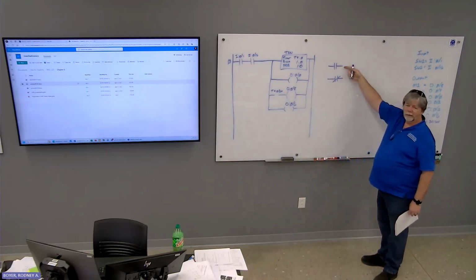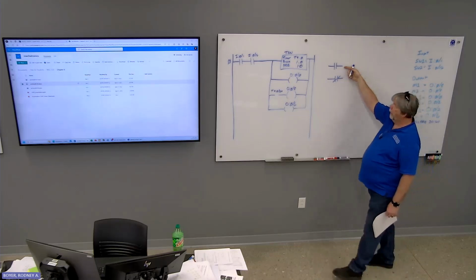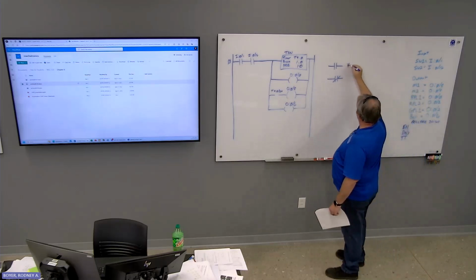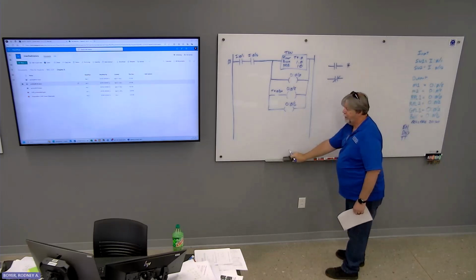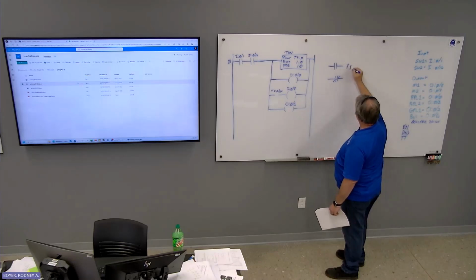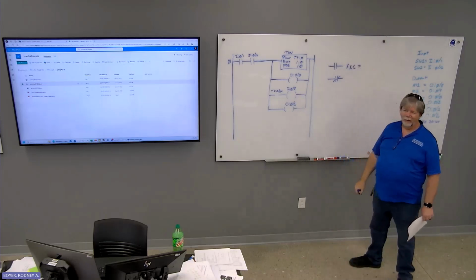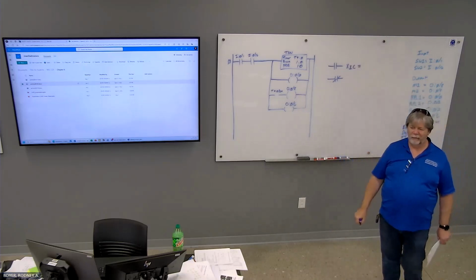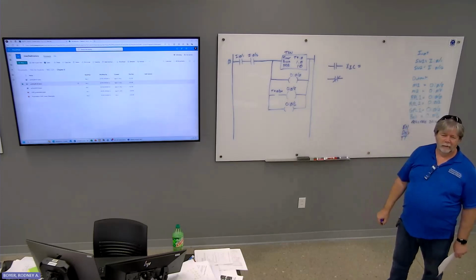What is this instruction? XIC. That's not an X, that's an asterisk. What does XIC mean? Examine if closed. That's what it is, what does it mean?